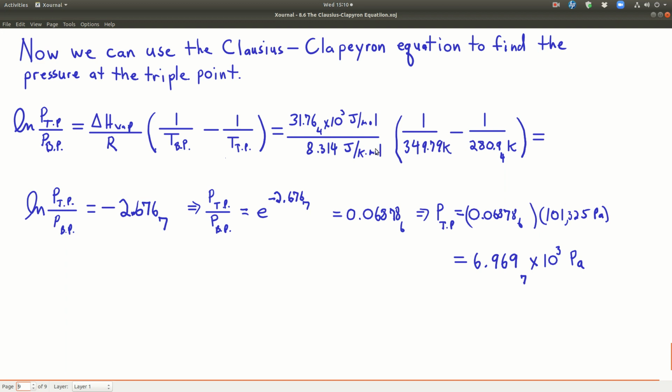Plugging in the temperatures and delta H of vaporization, which we got in the first part of this problem, I end up getting that the triple point pressure is about 7 times 10 to the third pascals. And the boiling point pressure is just, again, 1 atmosphere, 101,325 pascals. And there we have it.